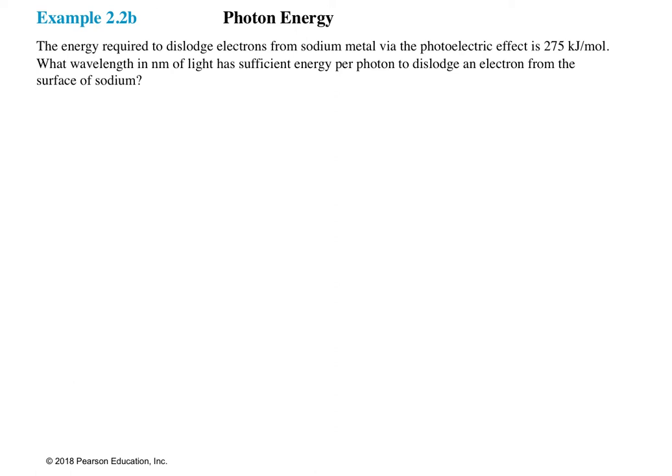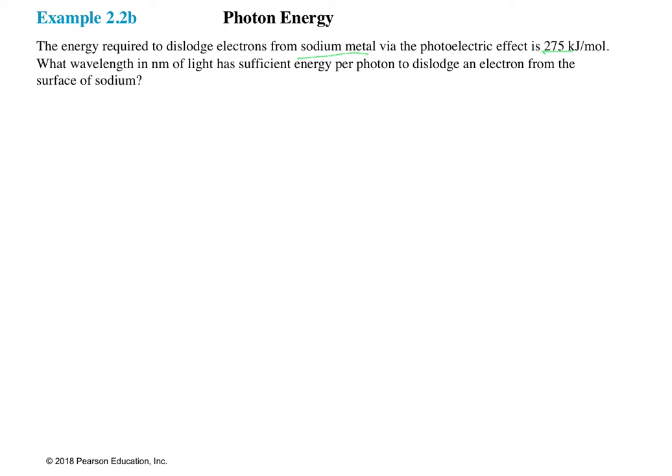Okay, so on this next problem, we have the energy to dislodge electrons from sodium metal, so getting back to the photoelectric effect, is 275 kilojoules per mole. So what wavelength of light has sufficient energy to dislodge electrons? So we are going to go backwards. You might be wondering what to do about that mole.